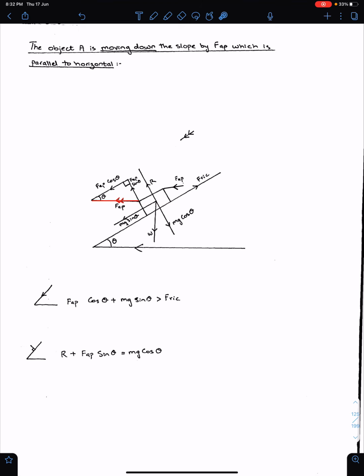So to move this object down the slope, FAP cos theta and mg sin theta must be greater than friction. And since there is no motion perpendicular to slope, R plus FAP sin theta must be equal to mg cos theta.